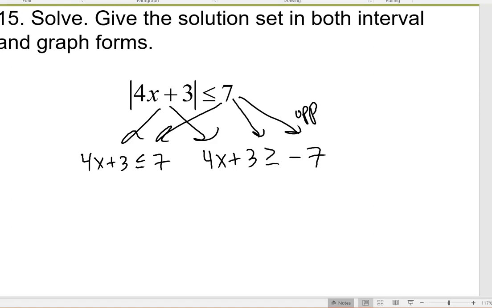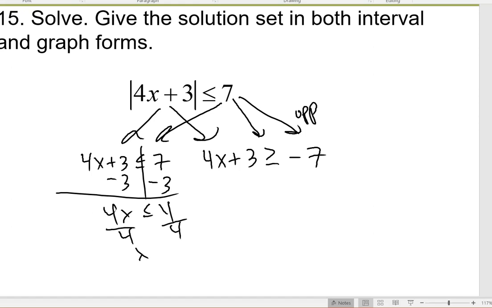Then we solve them separately. Do we know if this is an and or an or? I believe my note said that if it's a less than, they tend to be ands. If you're not sure, let's go ahead and just solve them. Where are we at? 4. I'm thinking it's and.